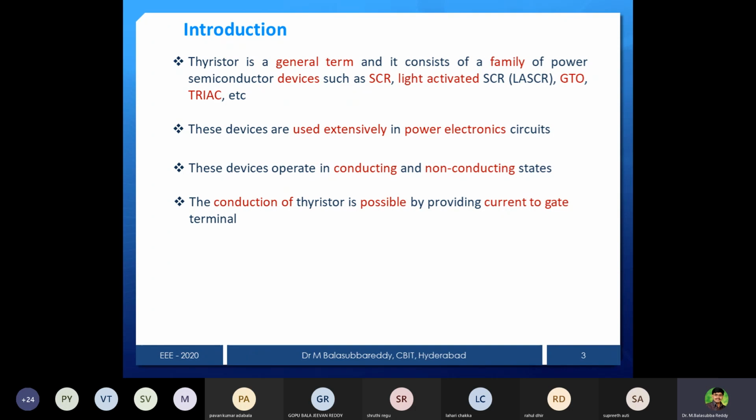There are many methods, but I mention it here because all those methods are not efficient. Whatever other methods are available are not used in the general case and are not preferable. That is the reason I made one simple sentence here. So not only current to the gate terminal, there are other possibilities also.